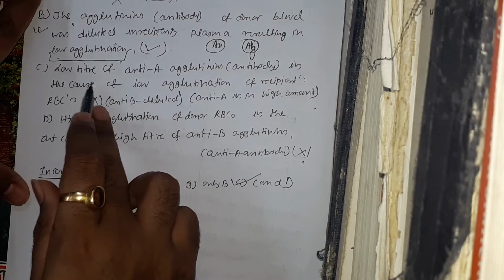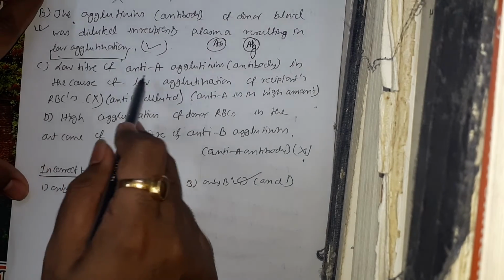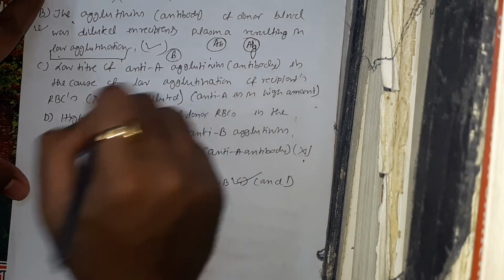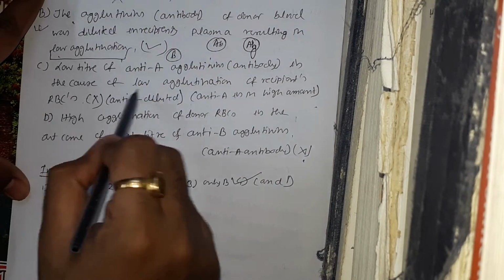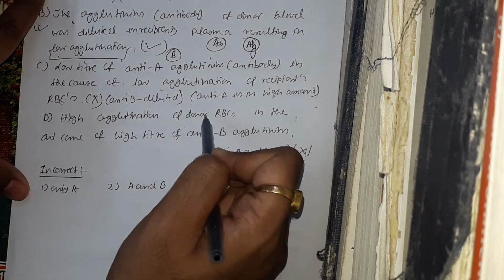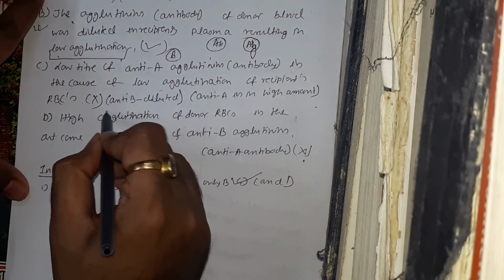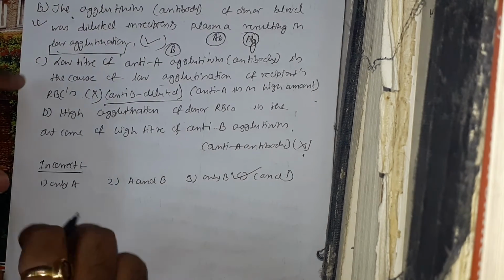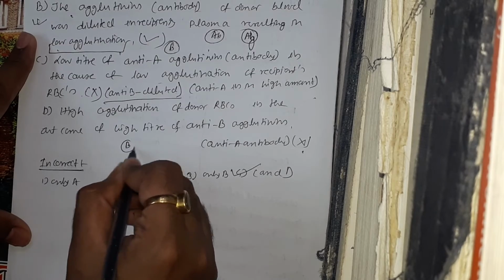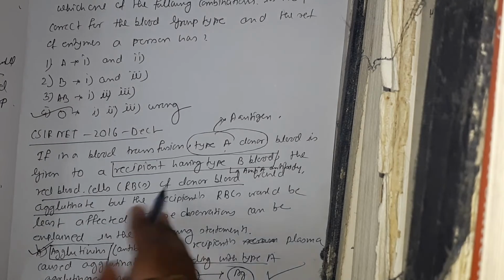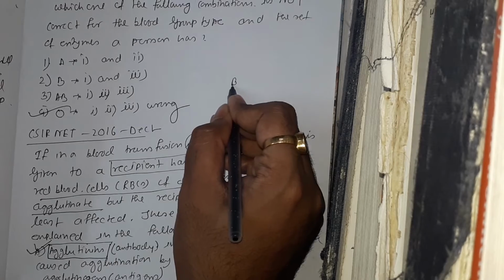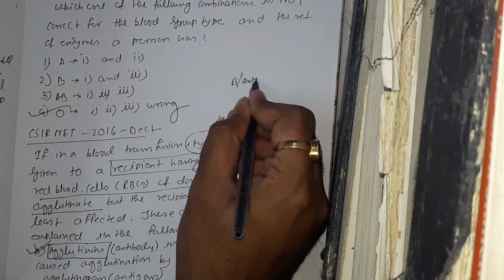So in statement C, they are telling us low titer of anti-A agglutinin. Anti-A means it is coming from B blood group. Remember, that is the cause of low agglutination of recipient's RBC. So remember one thing, that our recipient was B. The recipient has type B blood. That means it has B antigen and anti-A antibody.